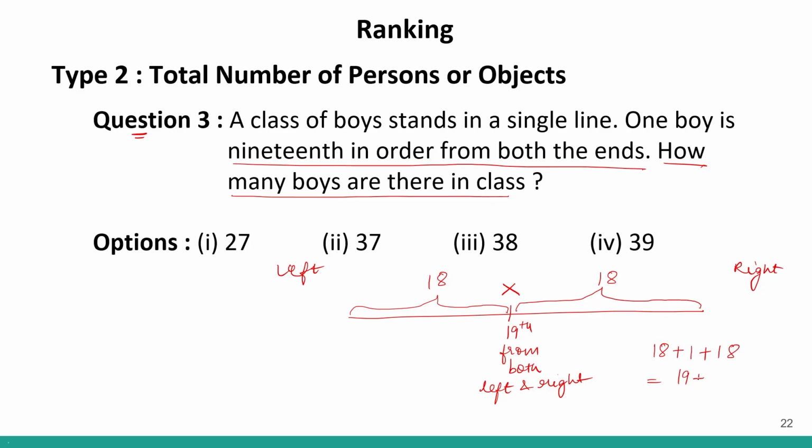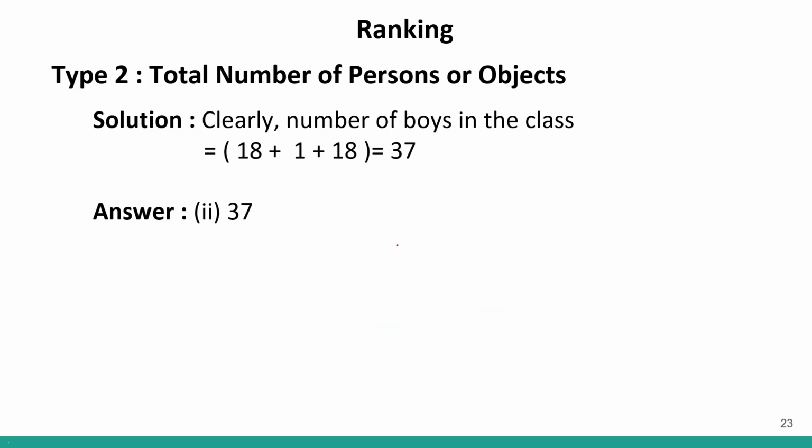So it will be 19 plus 18, which is 37. So there are a total of 37 boys in the class. Clear? Easy question. So my answer will be option number 2. Option number 2 will be the correct answer to this question. Here you can look at the solution.